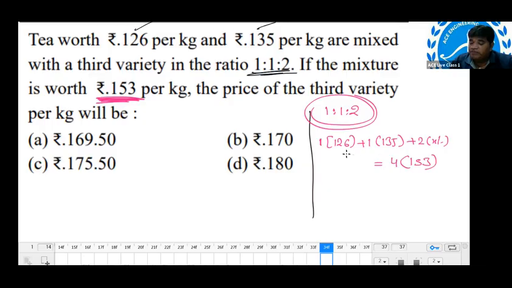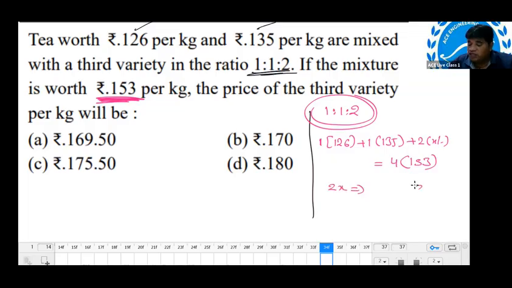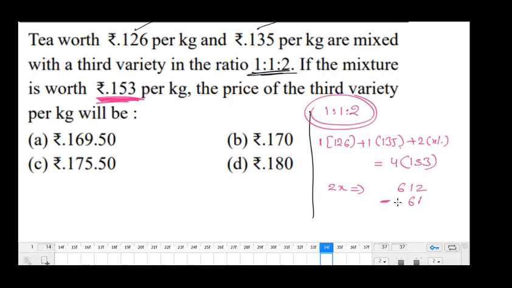Simplify 126 and 135. Pavan, your work. Yes, sir. 2x is equal to 4 into 153, 612, minus 261, which is 351. 175, sir.